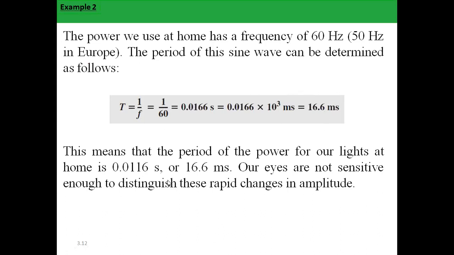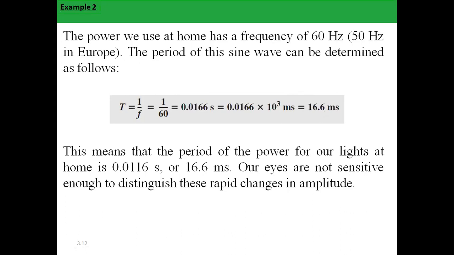Yes, this is a good observation. This means that the period of the power for our lights at home is this. It is saying that at our home, one cycle gets completed in this time period, 0.0166 seconds or 16.6 milliseconds, and then afterwards another cycle gets started.